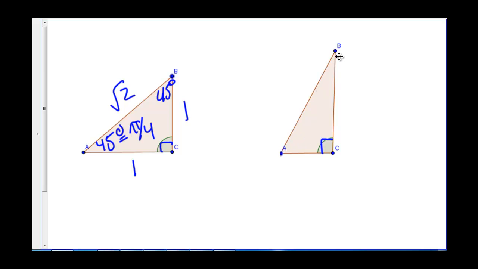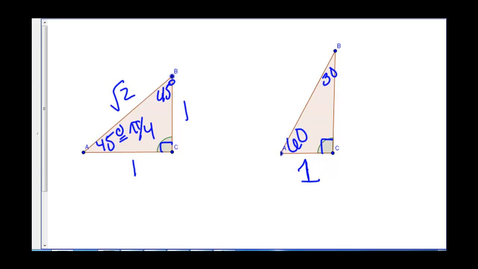And then over here, if this is a 30, 60, 90 triangle, well, let's say that this has side length 1.